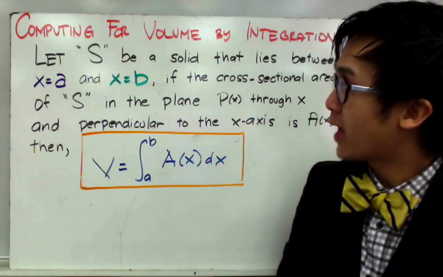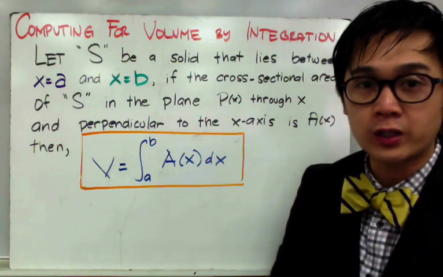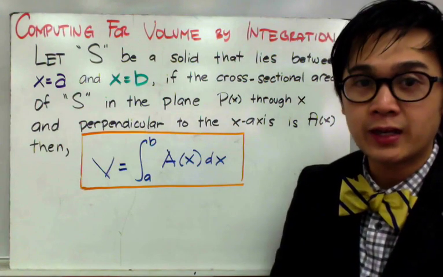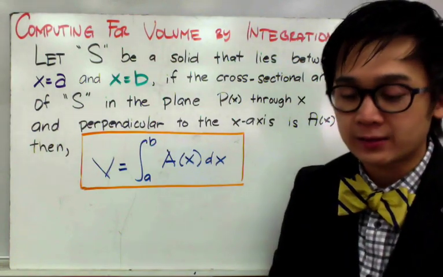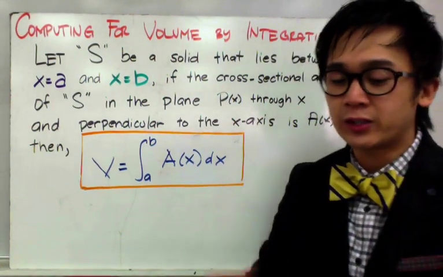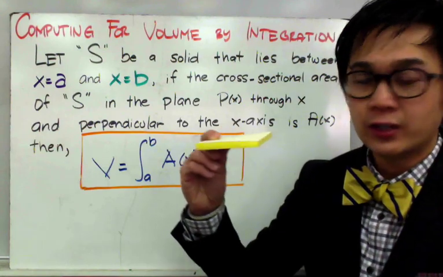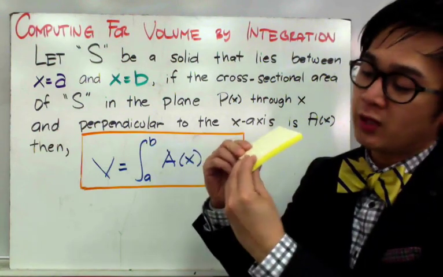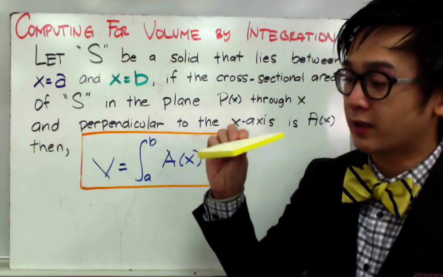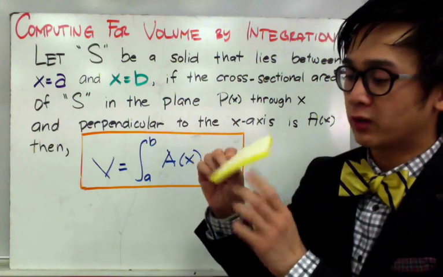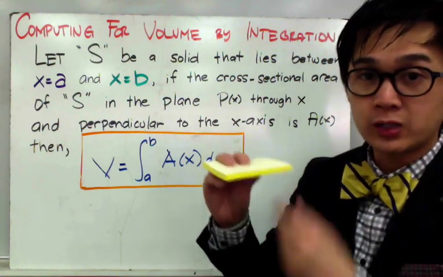Now, the idea of computing the volume of a solid figure generated by rotating the function along an axis is something similar to this solid figure. So this solid figure right here is, of course, a cube or just a pile of paper on top of each other.